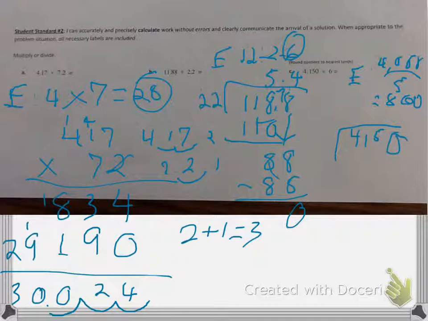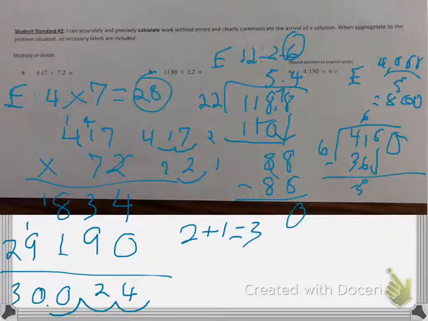4,150 divided by 6. First question I ask myself, can 4 thousands, remember I only have 4 of them, can they split up into 6 groups? No, so I have to split them up into hundreds. So there'd be 6 hundreds in each group. And 6 times 6 is 36, so I subtract, that would be 5.